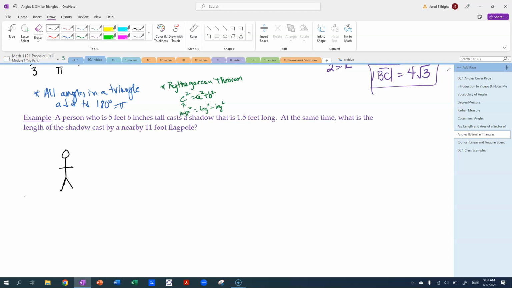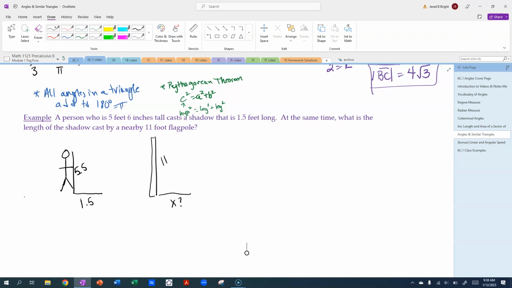They cast a shadow that is 1.5 feet, here's their shadow, not to scale. And then a flagpole that is 11 feet. We want to know how long its shadow is.